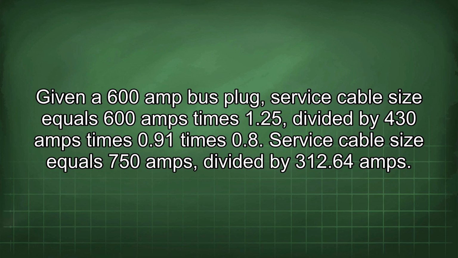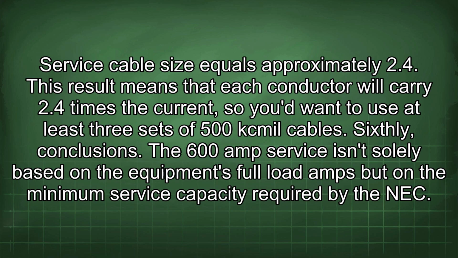Service cable size equals 750 amps divided by 312.64 amps. Service cable size equals approximately 2.4. This result means that each conductor will carry 2.4 times the current, so you'd want to use at least 3 sets of 500 kcmil cables.